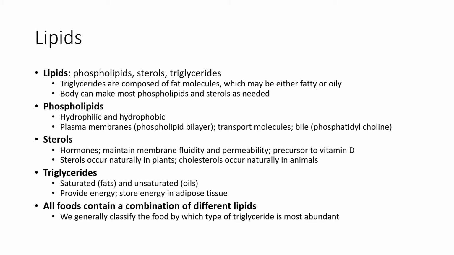We see phospholipids in the phospholipid bilayer, which is the plasma membrane around all of our cells. Most of our body is water-based. So by having this phospholipid bilayer, that's how we keep cell material inside of the cells and extracellular material outside of the cells. So it creates a fatty barrier, basically.